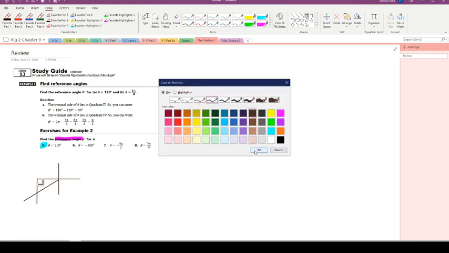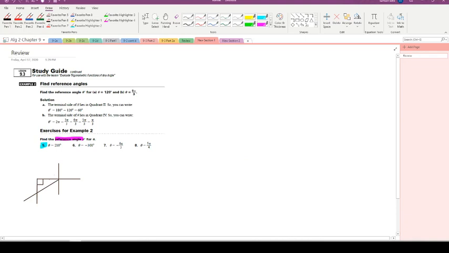Then my reference angle has got to be this one, which is theta. Remember, this went all the way like this.